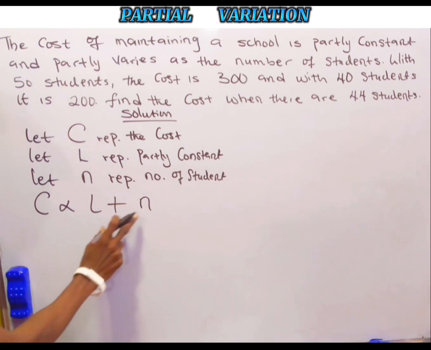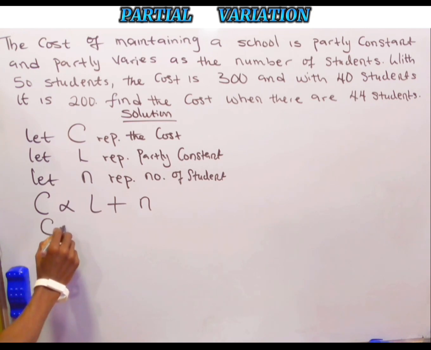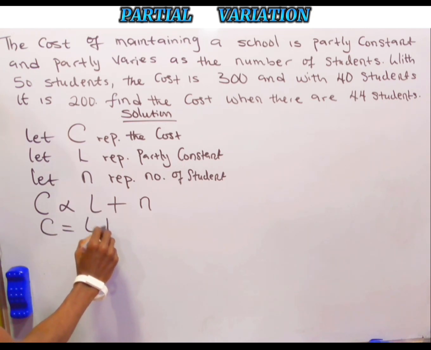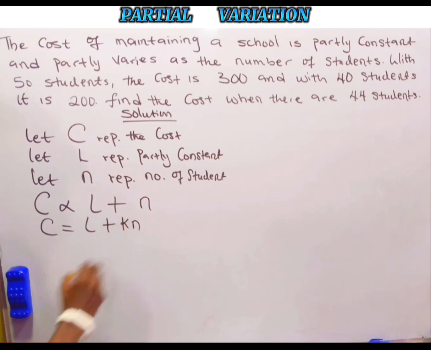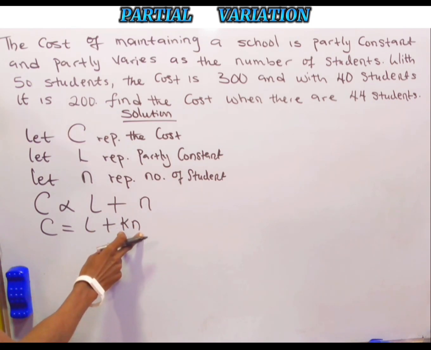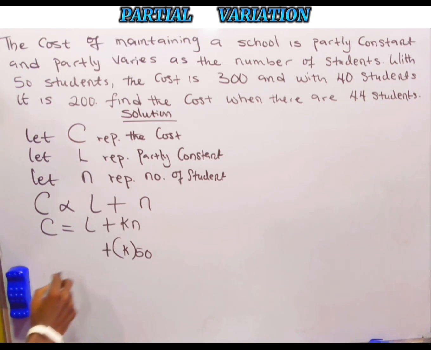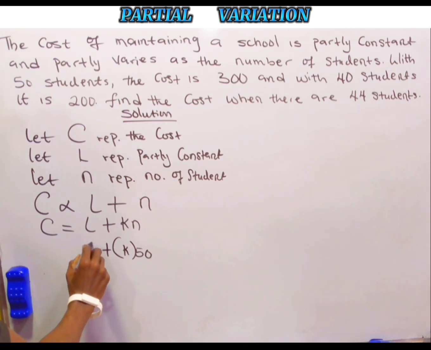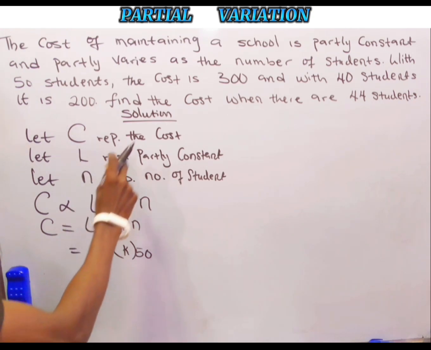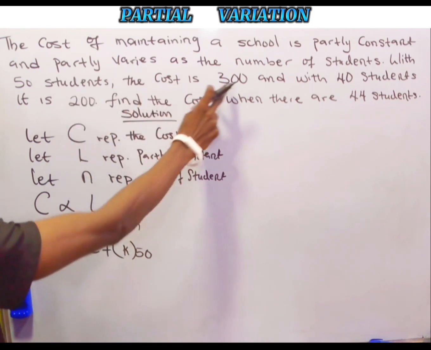So introducing our constant of proportionality, we have C equal to L plus kN. However, with 50 students, which is the number of students, in place here I'll put 50K plus L. With 50 students, the cost is 300.